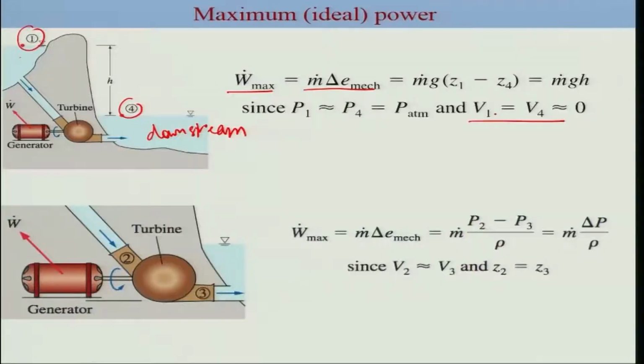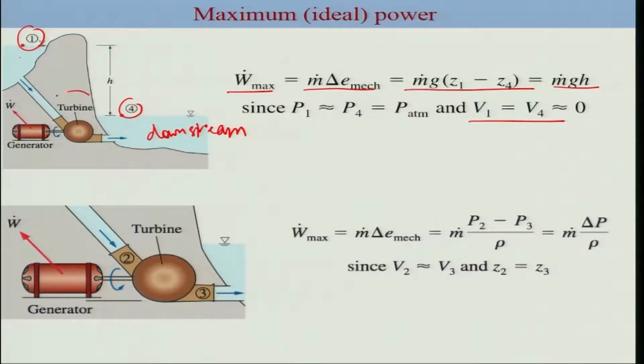Now what about the velocity? Both the reservoirs are not flowing, so we are going to consider them stationary, which means V1 should be the same as V4. So in that case your delta E mech should be simply the change in elevation, m dot g delta Z. Hence it is simply the change in elevation of the two reservoirs.